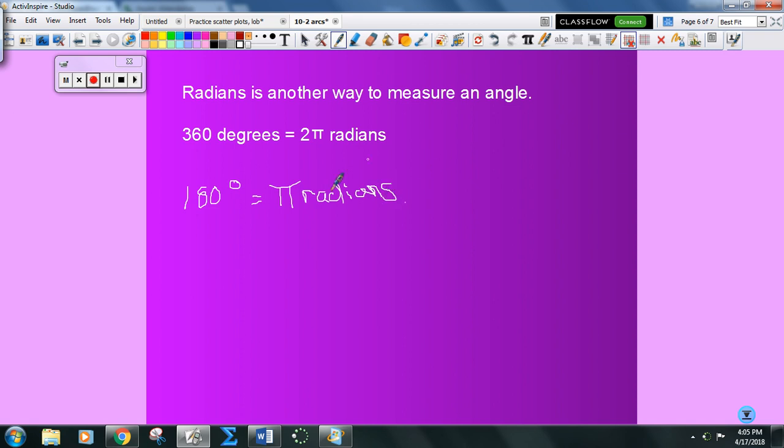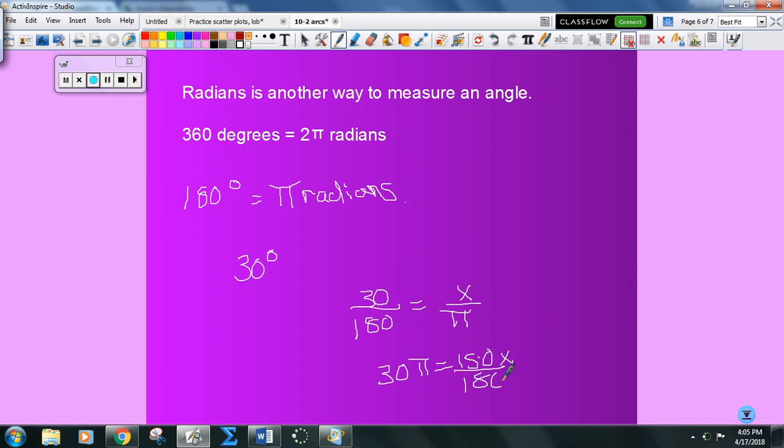So if you have, say, an angle that's 30 degrees, I can find out how many radians that is by doing 30 over 180 equals x over pi. We always give radians in terms of pi, so this is 30 pi equals 180x.